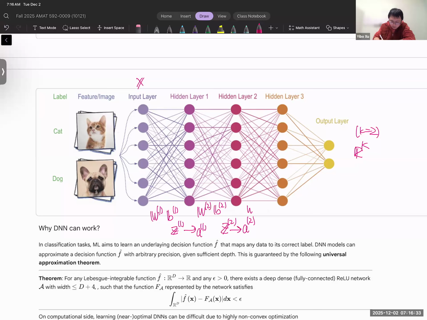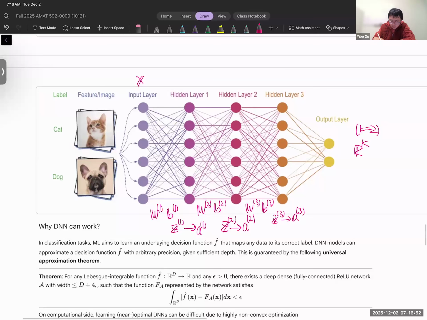Finally you have W3, B3, and then Z3 pre-activation and post-activation A3, and finally you have a smaller network with W4, B4.